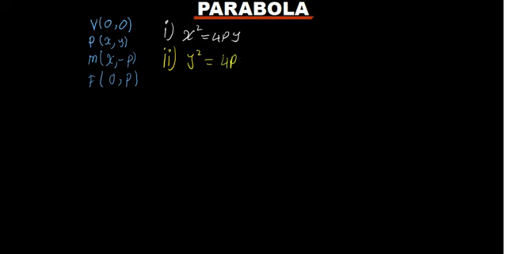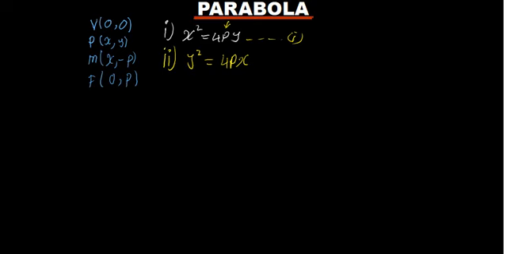So as I said, in terms of the first equation, whether the parabola is opening upwards or downwards depends on the value of p. Is it negative, is it positive? It's not about how small it is or how big it is, but about whether it is positive or negative.